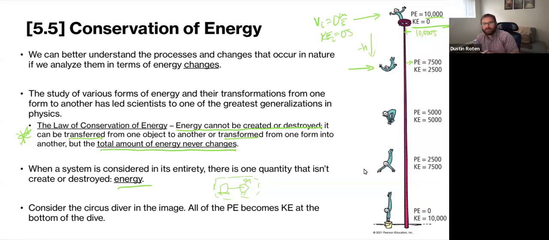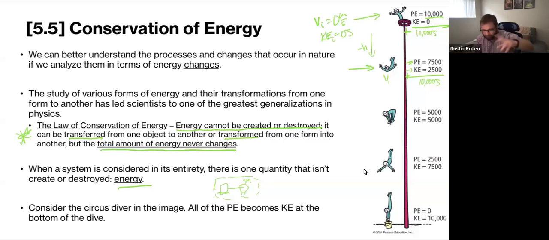He's also in motion now. So instead of a V initial, we'll call this V1. Since he's fallen, he has some velocity now, which means he also has some kinetic energy. Okay, let's think about the total energy of the system. So we're going to add up all of his potential energy and all of his kinetic energy. Well, if we add this together, it turns out we still get 10,000 joules of energy. That's what he started with.